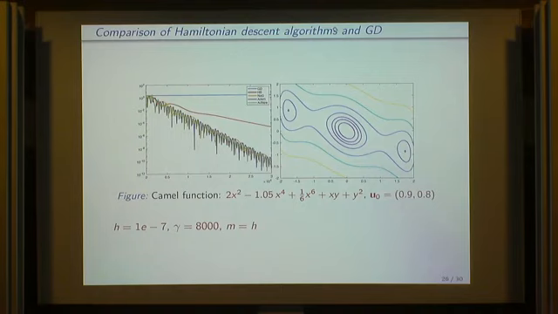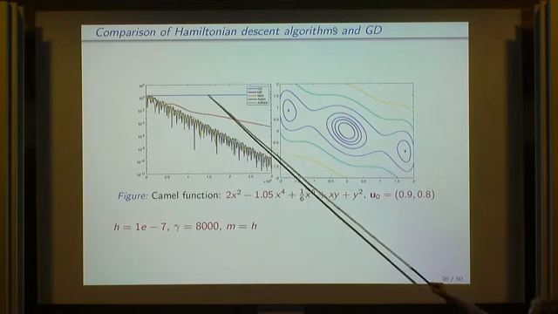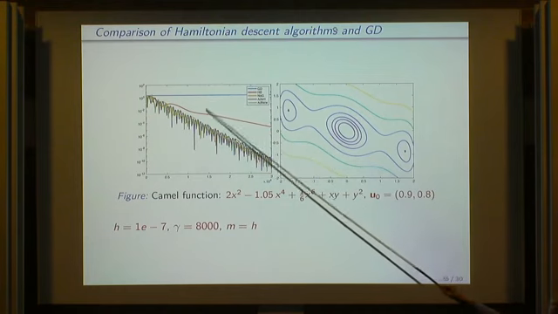Okay, here is a comparison of all the methods for a typical optimization problem, simple but difficult. It's a 2D problem, but it's a typical test problem. Here you can see the gradient descent with backtracking is not performing very well.